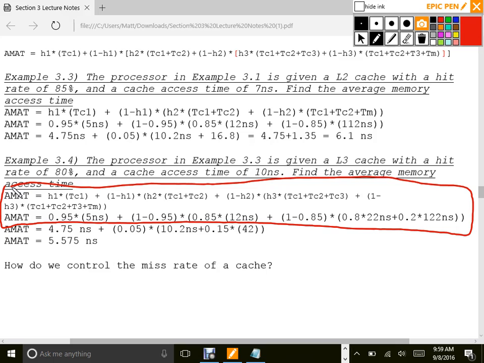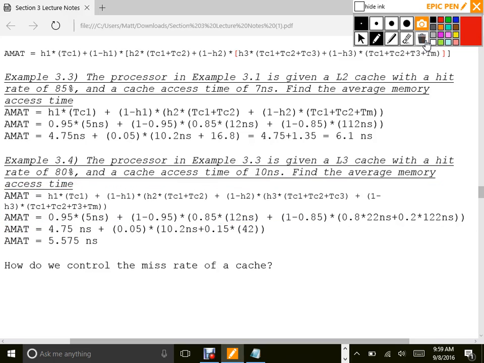Beyond that, the reason why I included it in the lecture and why I want you to do it on the homework is because we're comparing how we initially had 10 nanoseconds in the first example question, right? Then in the second example question, we had 6.1. Third one, we needed 5.75. So what we can see is that we had 10, 6.1, 5.75.